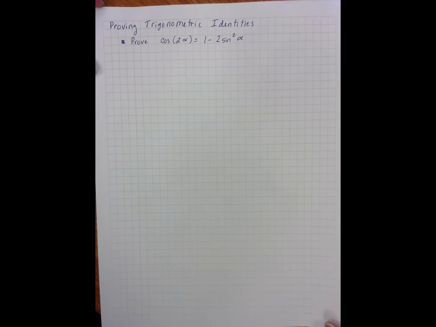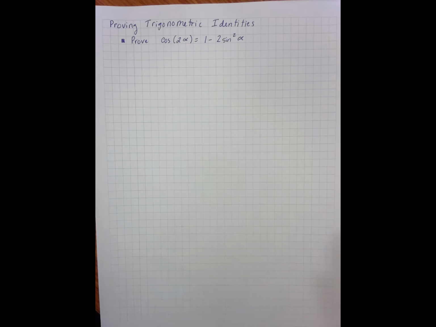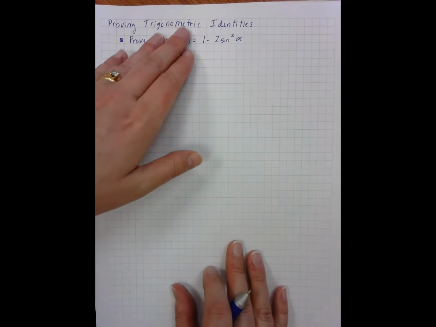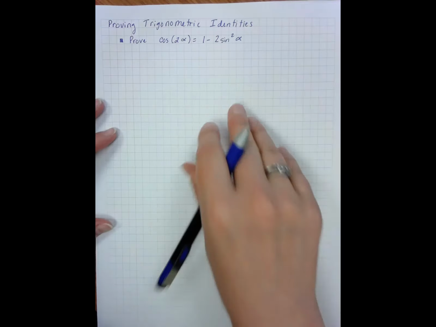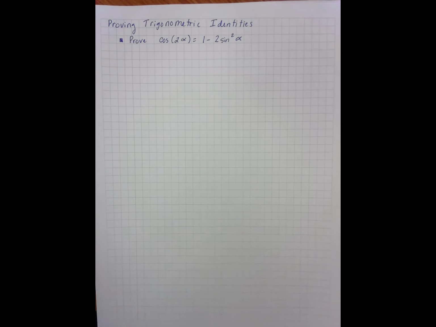The first one is that we're going to prove that cosine of 2 alpha equals 1 minus 2 sine squared alpha. And the deal with proving trig identities is that you are allowed to do work on either side of the equation. So I could simplify the cosine 2 alpha, or I could simplify the 1 minus 2 sine squared alpha.